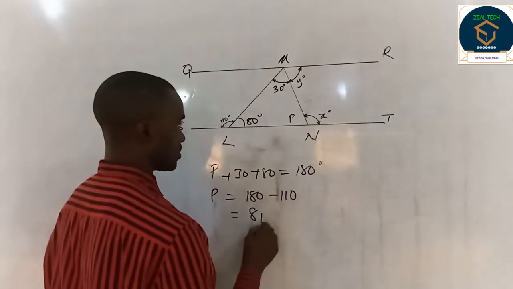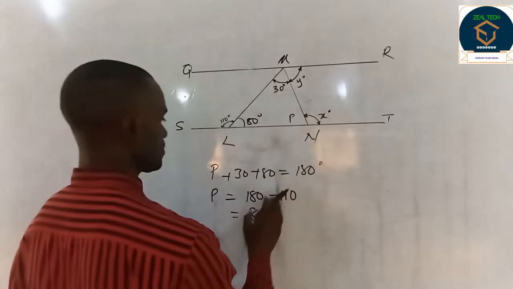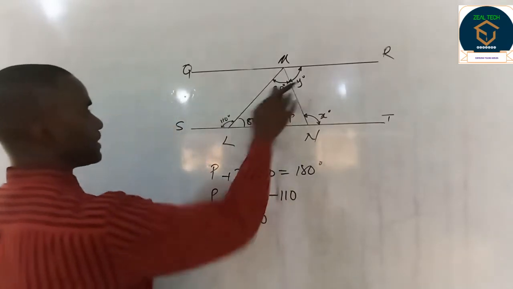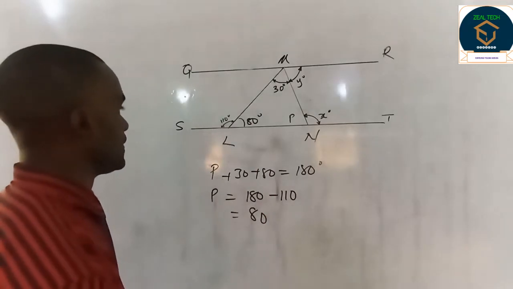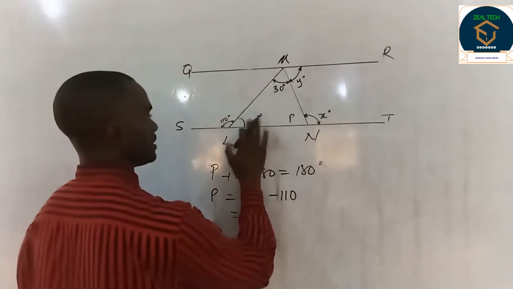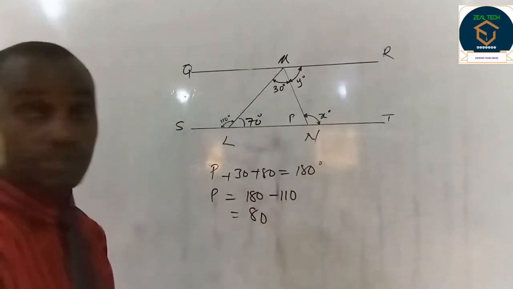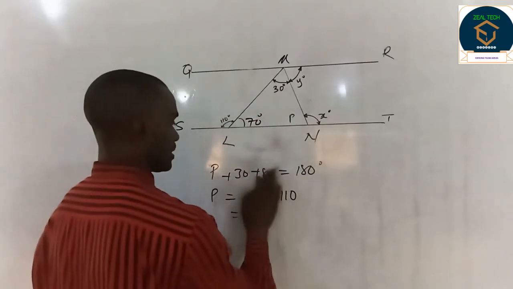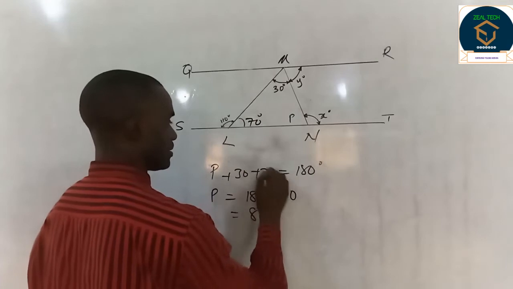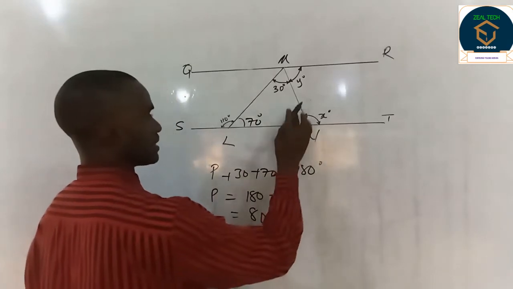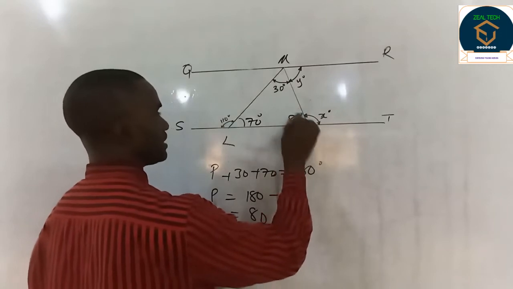That means P is going to be what? 30 plus this, this plus this is... sorry, this one is 70. I beg, 70 is a mistake. It's going to become 70 here. So minus this is going to become 100, so here it becomes 80. You can now see that P here is 80 degrees.